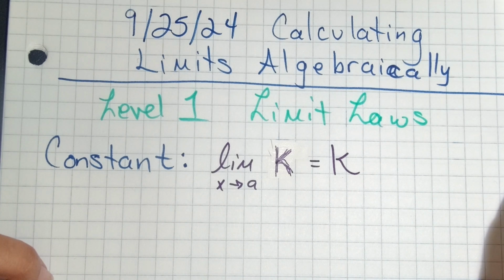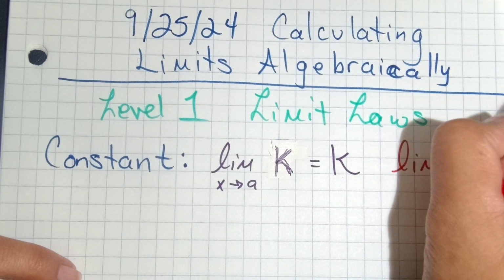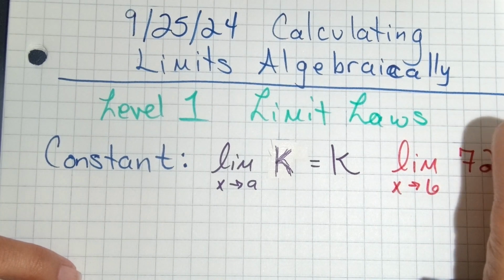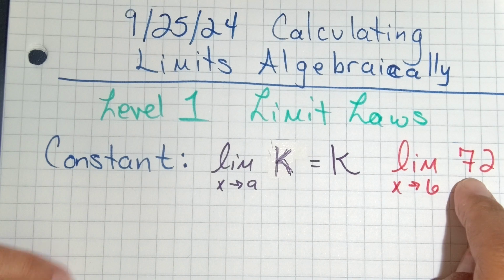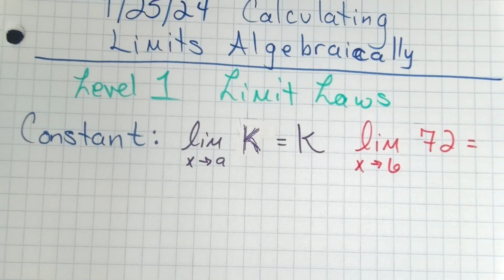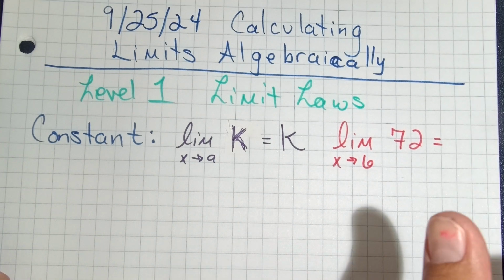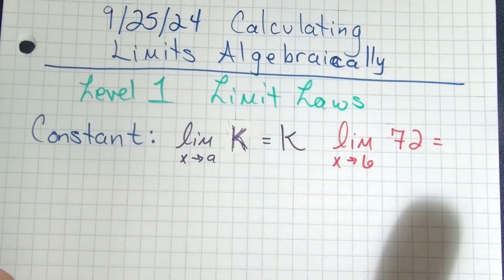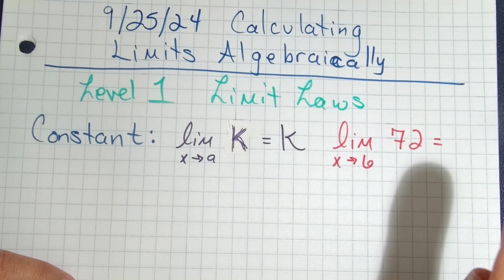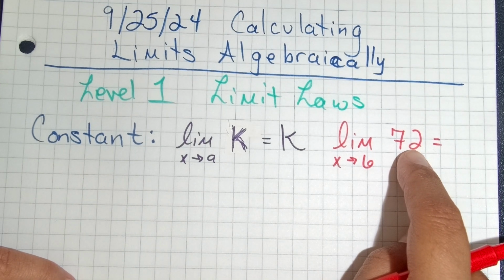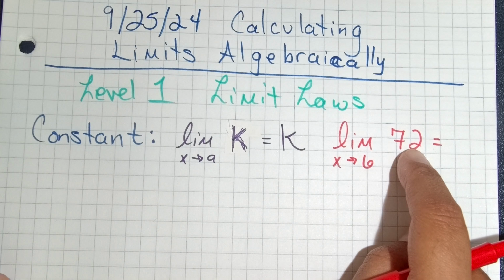So for example, if I have the limit as x approaches 6 of 72, this is a constant. Why is 72 a constant? What did I say a constant was? A number that doesn't have a variable.